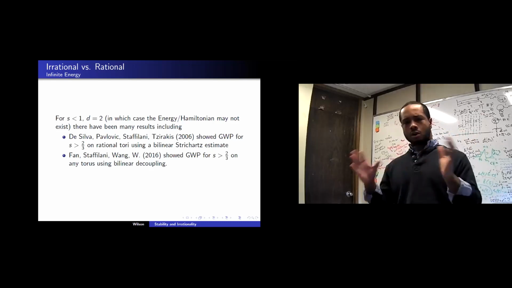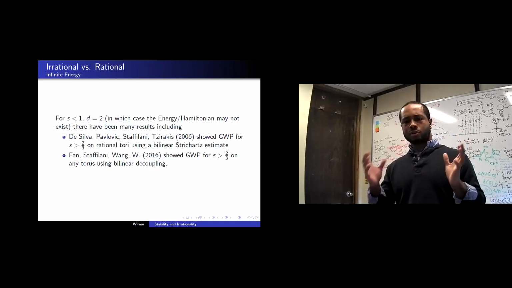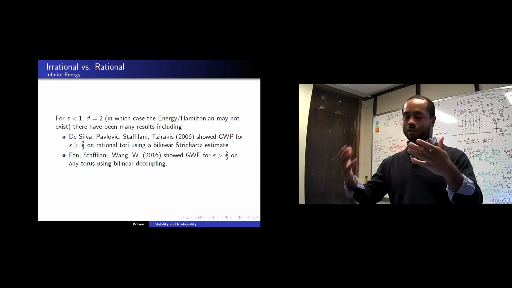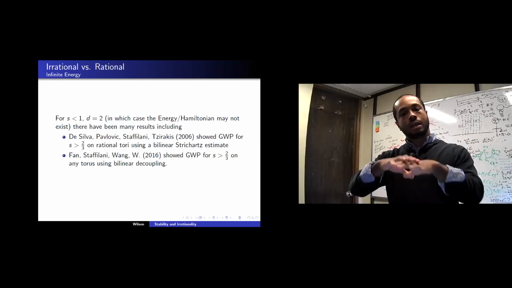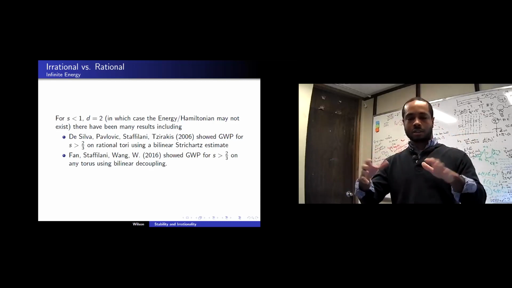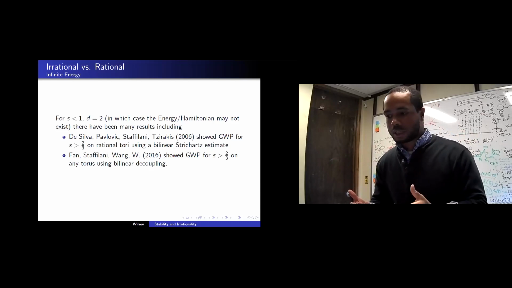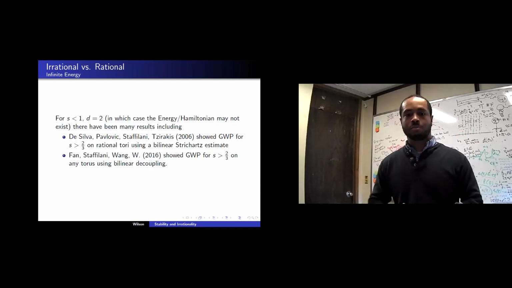Okay, again, not using the Hamiltonian and the structure you get from being in a symplectic manifold, even though it's maybe an infinite dimensional symplectic manifold, you're still able to use that kind of structure to control the dynamics of your system. But without that, you can still show that you have global well-postedness.